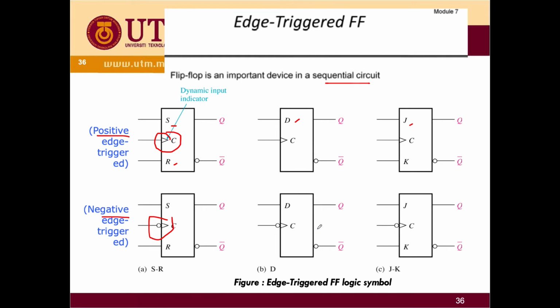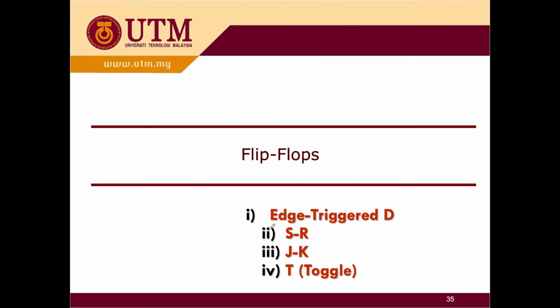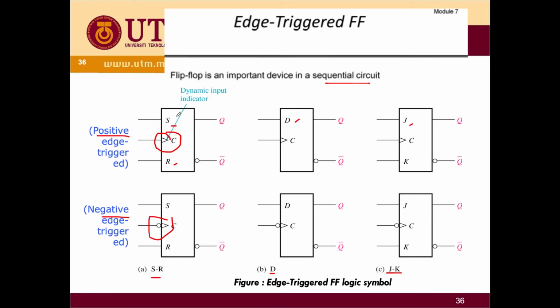So you have SR, D, and JK under your edge trigger flip-flop. You're going to have these three inside.